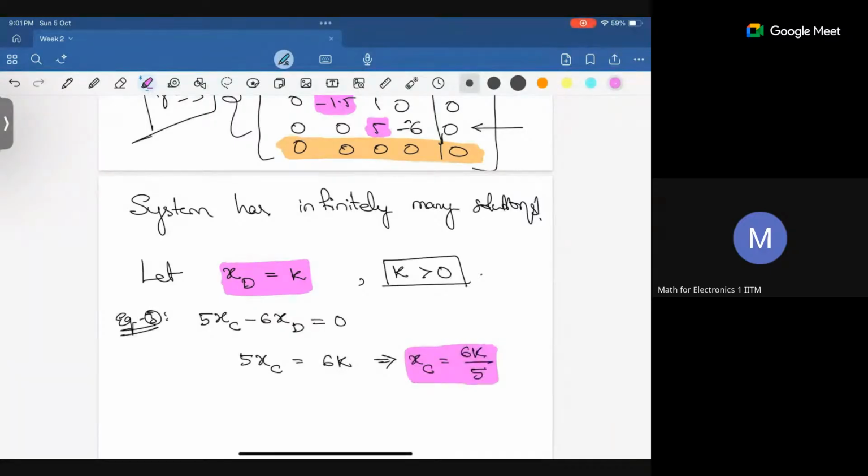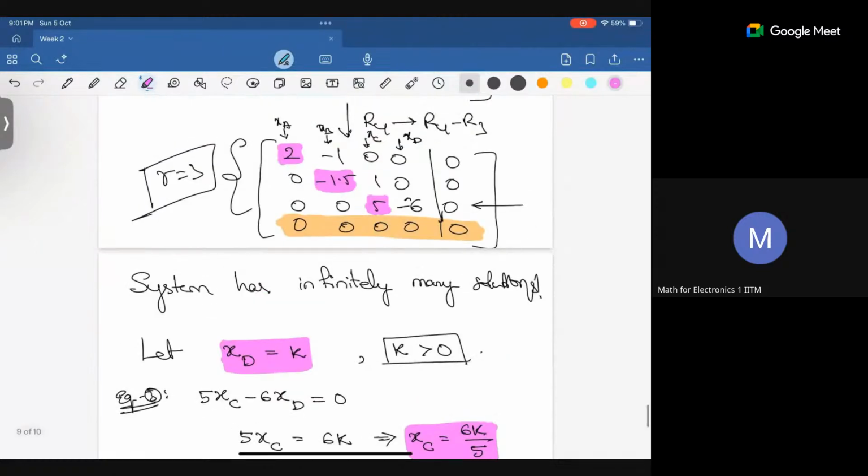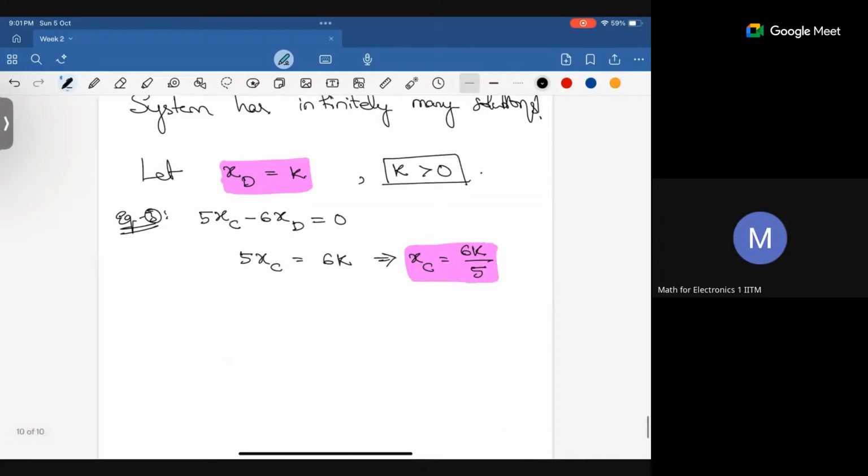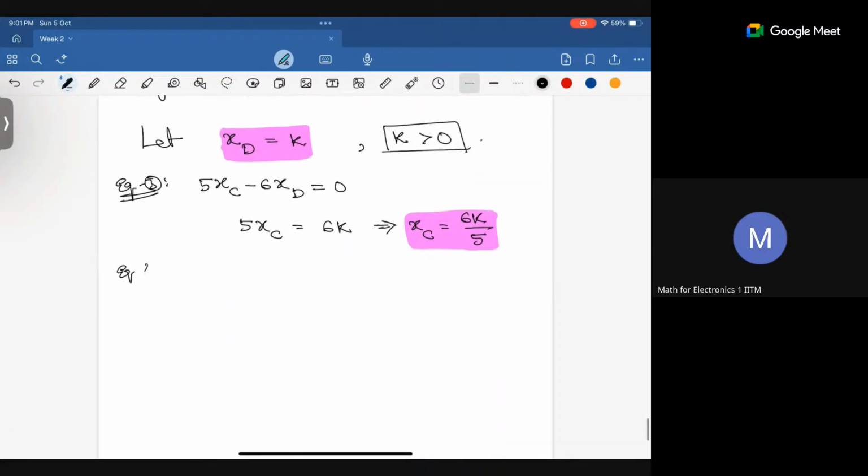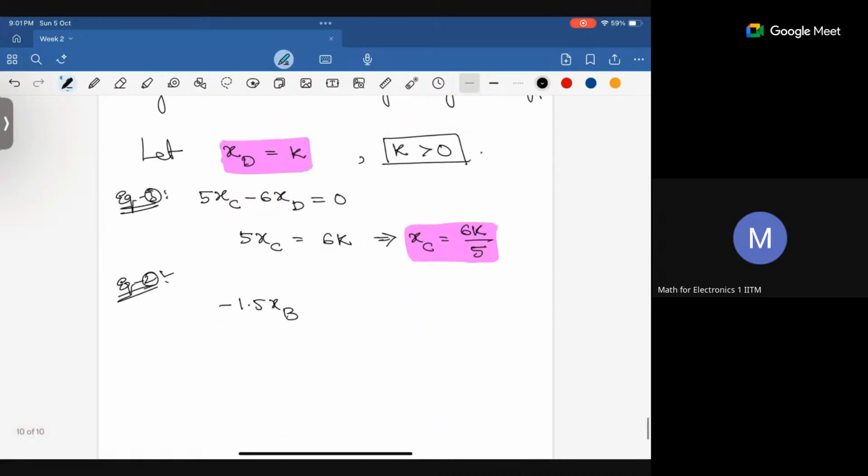Now XD and XC I have. If I just scroll up and take equation 2, equation 2 is minus 1.5 XB plus XC plus 0 times XD is equal to 0. So therefore 1.5 XB is equal to XC.